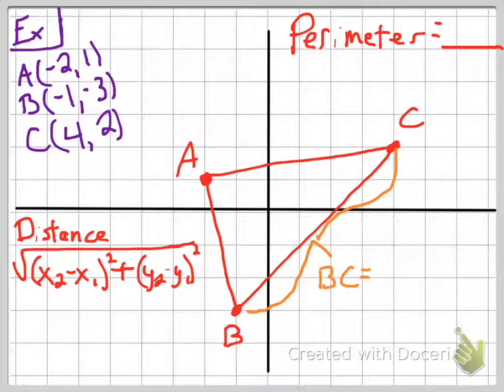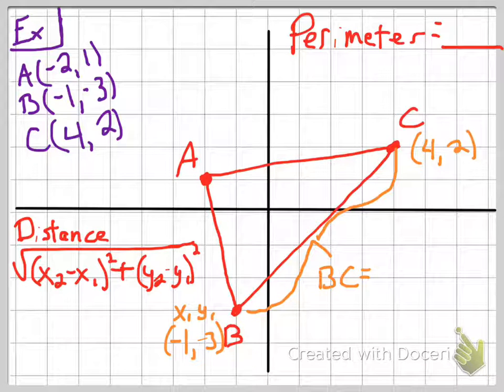What are the points for B? -1, -3. And C is 4, 2. Name one x1, y1. Name the other one x2, y2. And we're just going to simply find the length of BC here.